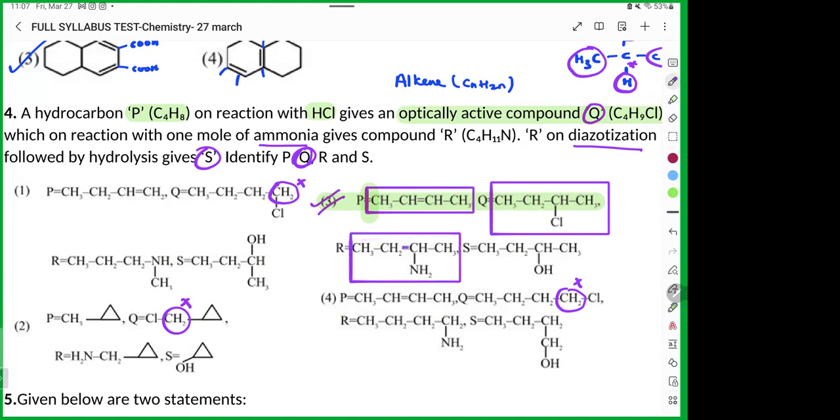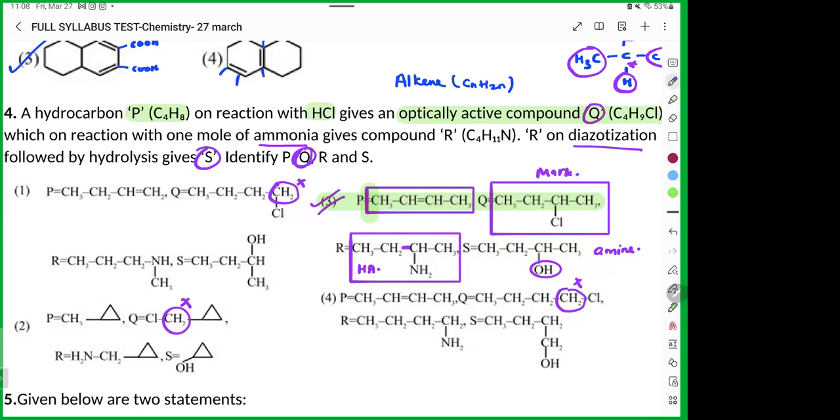Here you must have a single bond, not a double bond, because of balancing. And last, diazotization and hydrolysis always produce alcohol. Done. Diazotization and this produce alcohol. This is given in the amine chapter. This is given in haloalkanes and haloarenes. This is the simple Markovnikov rule.